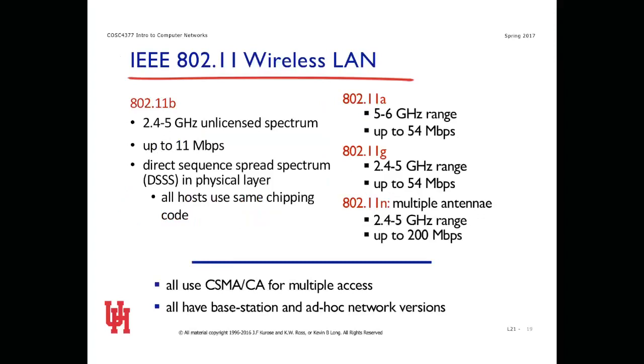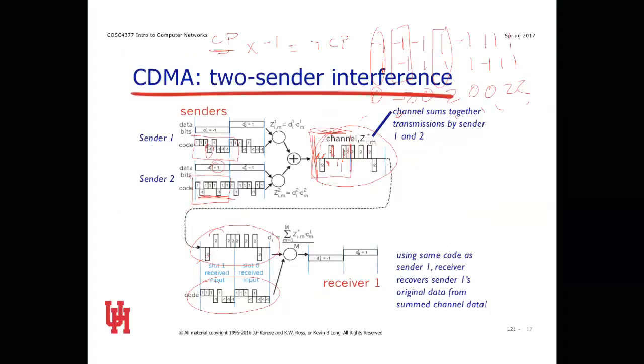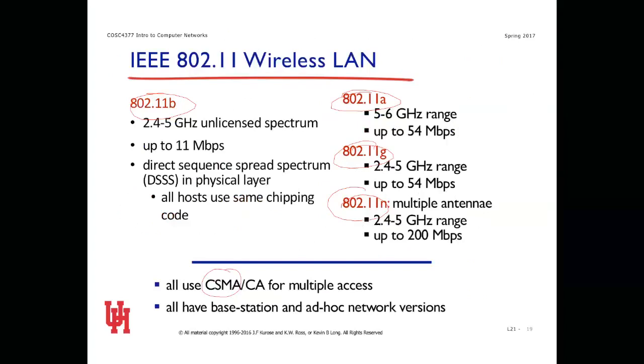So for wireless LANs, better known as Wi-Fi, there's a variety of standards, and you guys have seen all these letters, and you try to figure out what the alphabet soup is, but they all use a type of CSMA. And if we go back again, CDMA is what this is. CSMA is different. This is Carrier Sense Multiple Access.